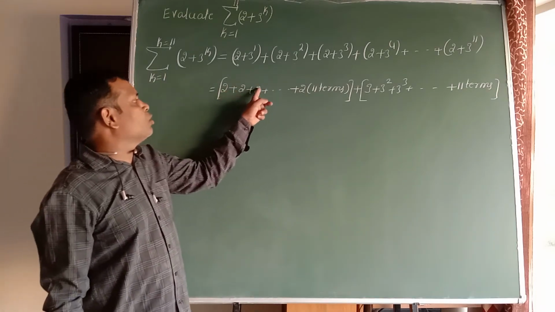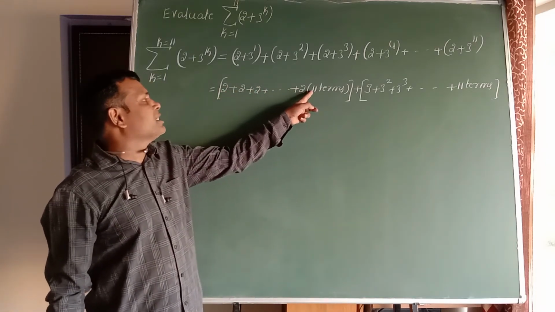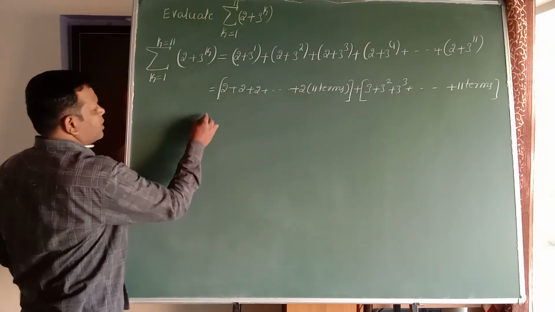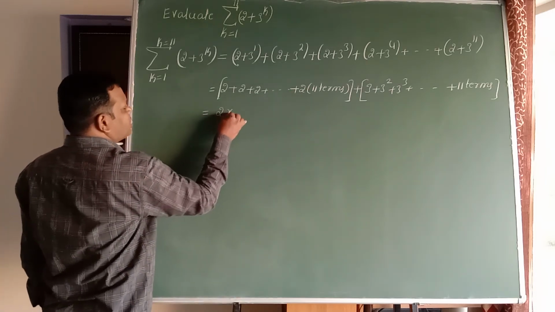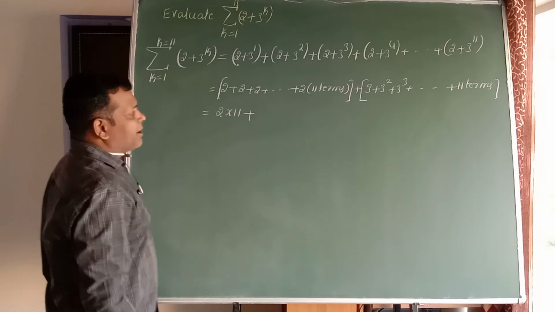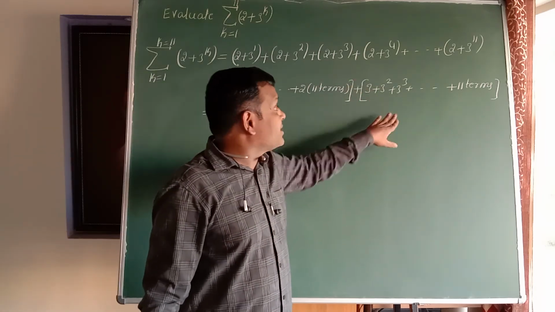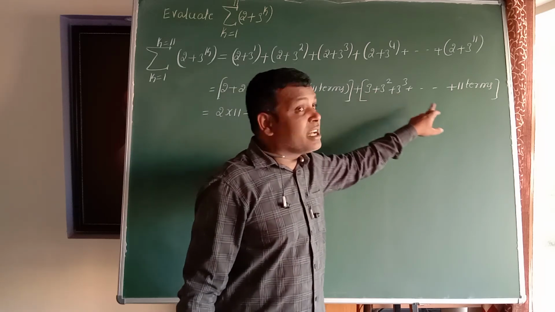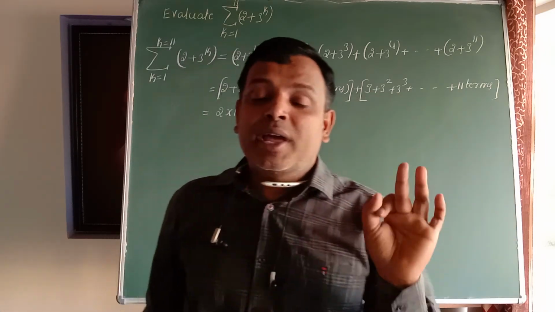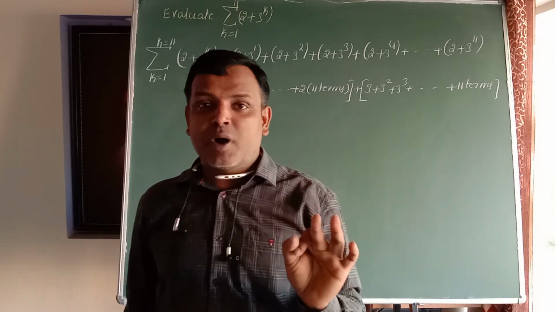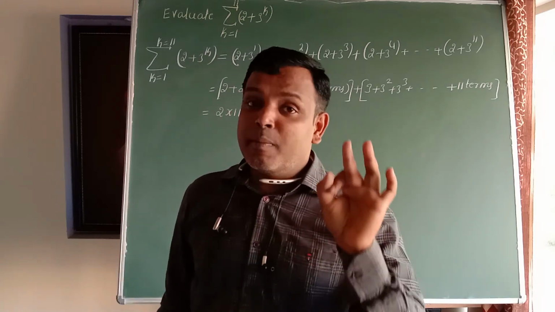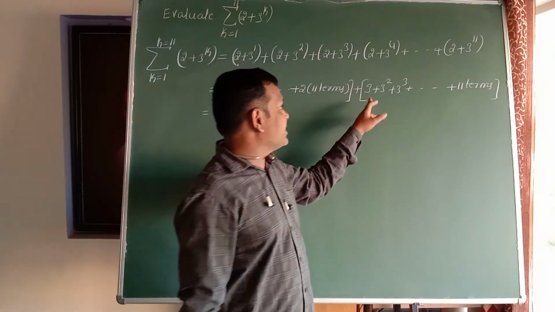2 plus 2 plus 2 up to how many terms? 11 terms is nothing but 11 into 2, that is equal to 2 into 11. It's over. Plus here 3 plus 3 square plus 3 cube. All are multiples of same quantity. When all are multiples of same quantity, it forms a geometric progression. Here plus is there.